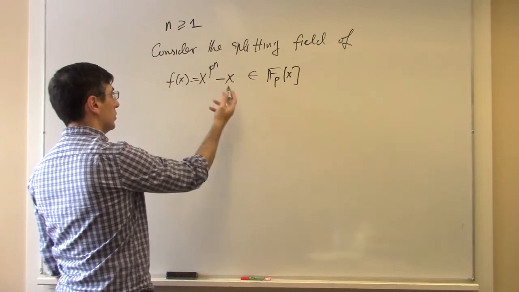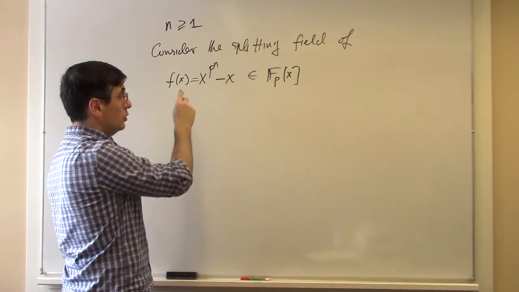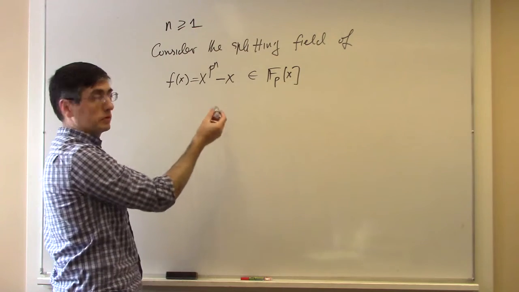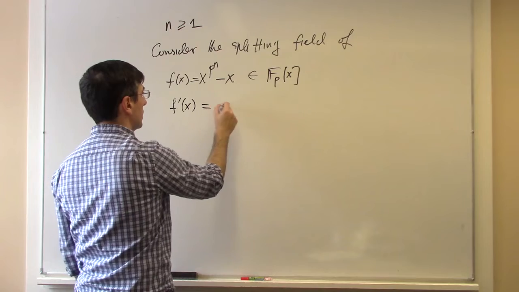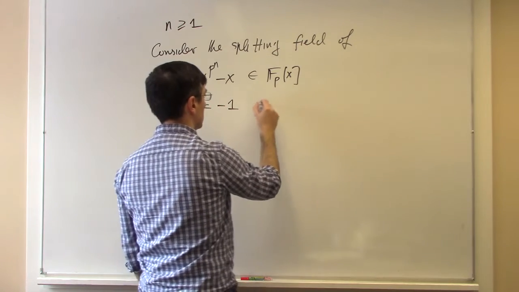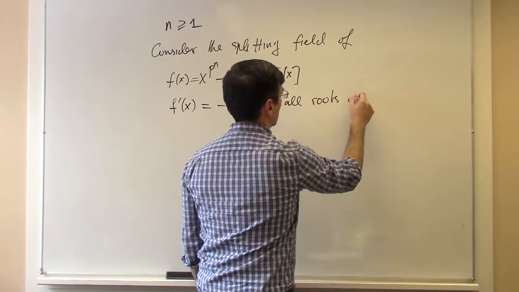Now, the number of roots of this polynomial is p^n, but there are no multiple roots. So if you compute the derivative, you get -1. So this implies all roots are distinct.